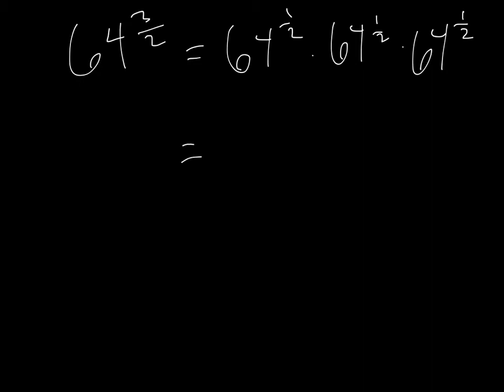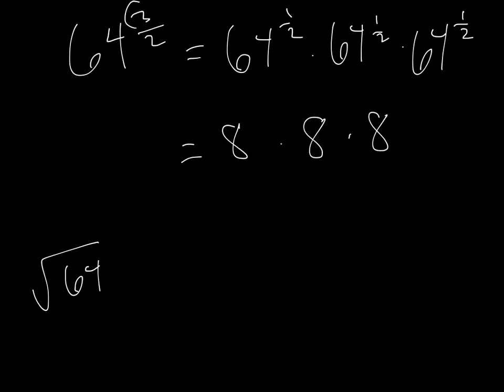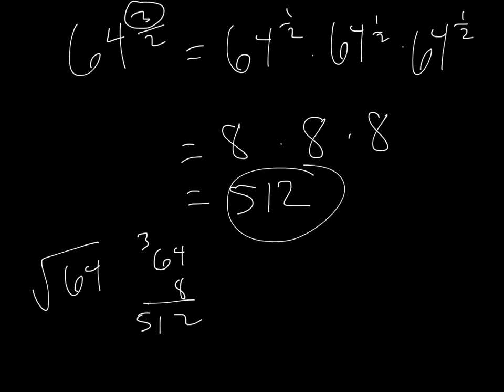And 64 to the 1/2, that's just like taking the square root of 64, right? Or what times what equals 64? So that's 8 times 8 times 8, because 8 times 8 equals 64. And it's to the 3/2. So 8 times 8 is 64, and 64 times 8 is 512. So 512 is our answer.